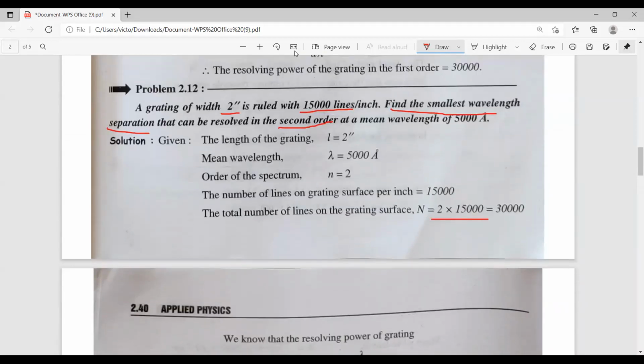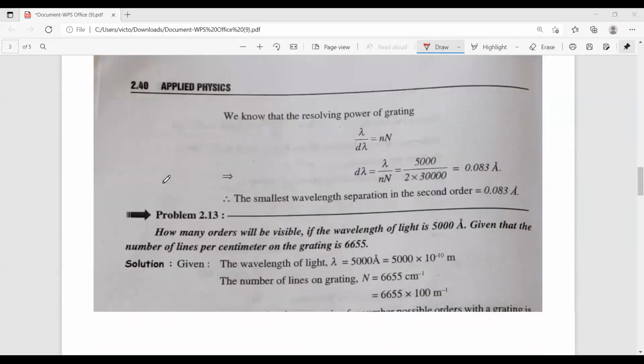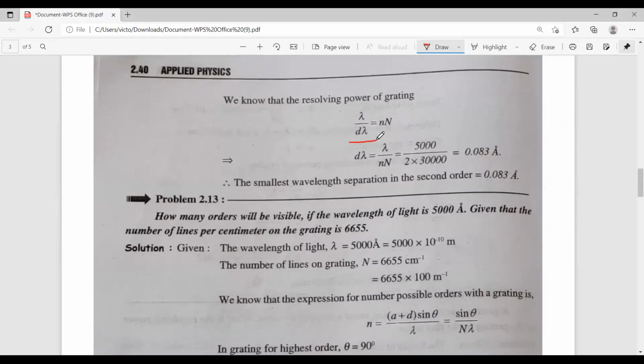Clearly from this problem, the mean wavelength is 5,000 angstroms. We have to calculate the separation between the wavelengths, which is d lambda. So our aim is to calculate the d lambda value here.